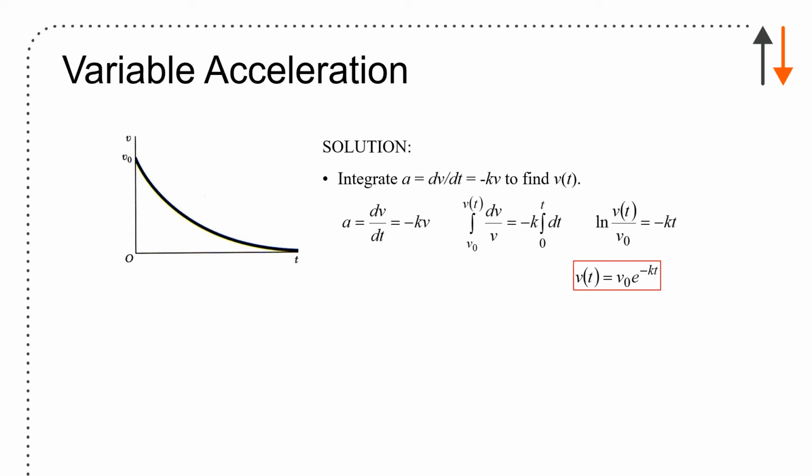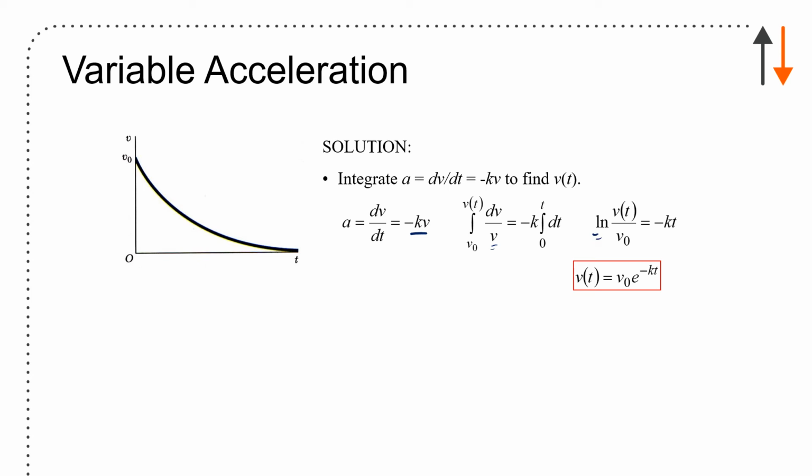So for variable acceleration, we integrate a equals dv/dt equals minus kv to find v(t). Then I split the term up, dv over v, and this is where I realize I'm kind of stuck, because now I have a ln.